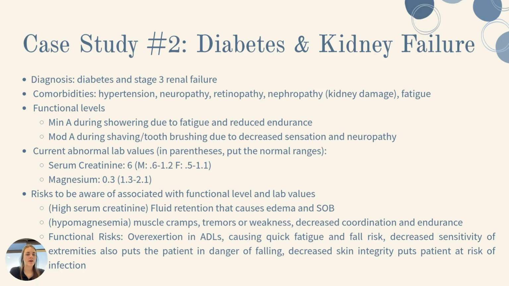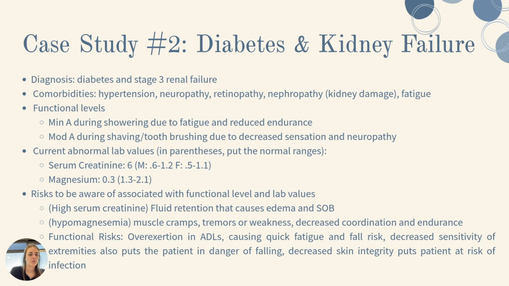Their current lab values: the patient's potassium runs a 6, and for the purpose of this case, they are male. That is very much above what the normal range is. And then their magnesium level is 0.3, which is much lower than the average value.